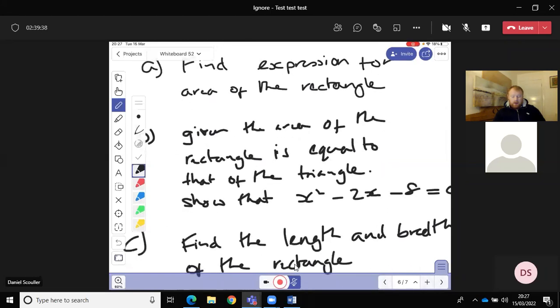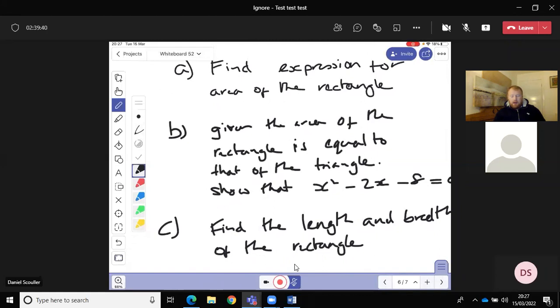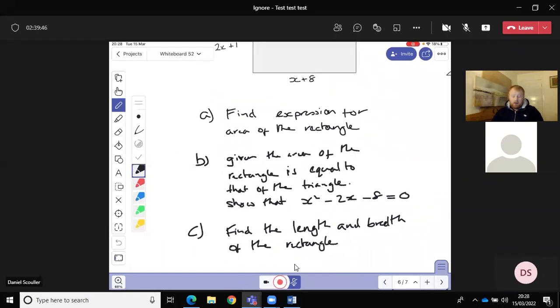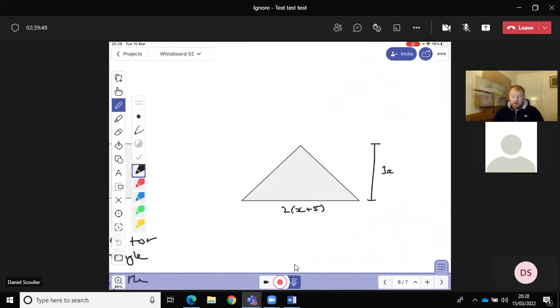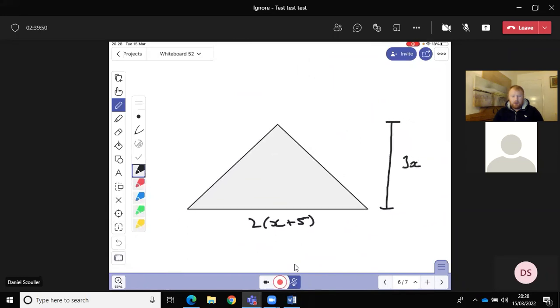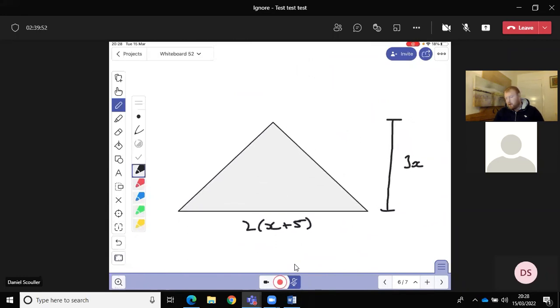So the second part of that question, part B: given the area of the rectangle is equal to that of the triangle, so the area of that rectangle is equal to the area of that triangle. I'll let you copy that down if you're copying it down.